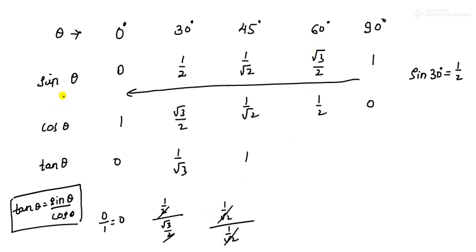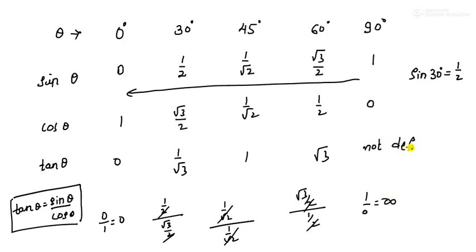Next is sin 60 by cos 60, that is root 3 by 2 whole divided by 1 by 2, so the 2 will get cancelled because they are in the denominator, and you will get root 3. So this is the value for tan 60, and tan 90 is 1 by 0. It is called infinity or not defined.